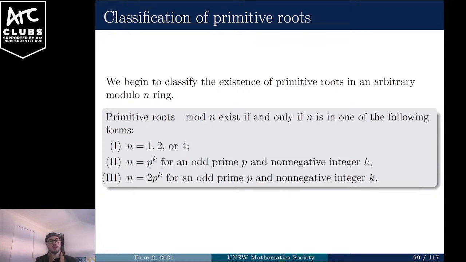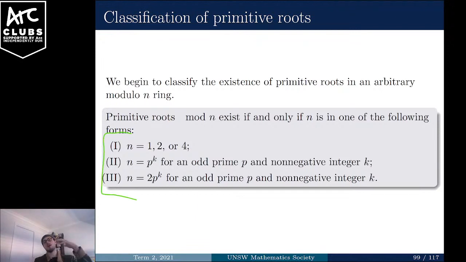Cool. And then it says here, we begin to classify the existence of primitive roots in an arbitrary modulo n ring. So these are just some rules that you can use to work at a higher level, so you don't have to go into the nuts and bolts and check things. You can just look at these conditions, because the hard work is hidden under the surface, because there are all these rules and conditions that have been checked and worked with to prove that these are true.